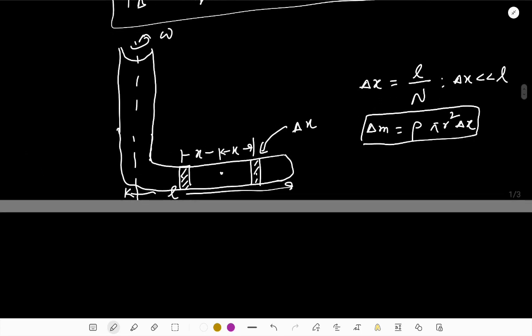And so the pressure difference here will be simply, I would like to call it P1, and this is P2, and this is P3 and P4. I just named it arbitrarily.